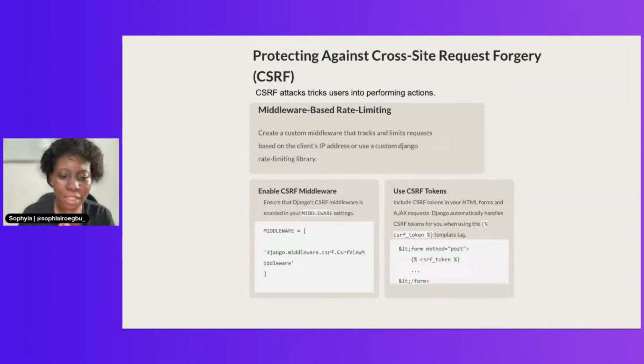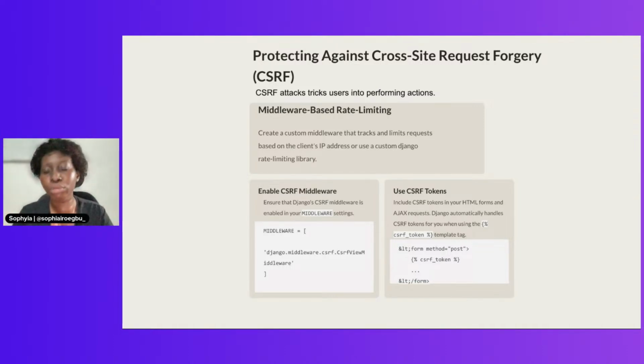Then another thing is, if you cannot create your own custom-made middleware, you can decide to use the Django CSRF middleware that does the same thing I just explained. Another thing is using the CSRF tokens on your Django template.